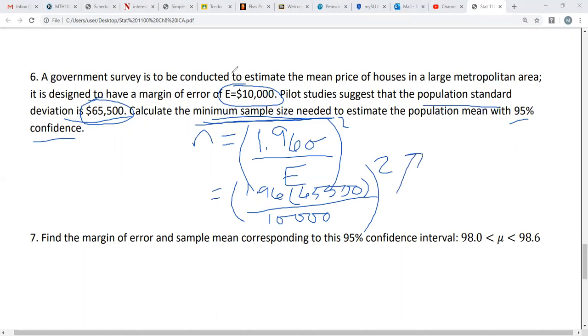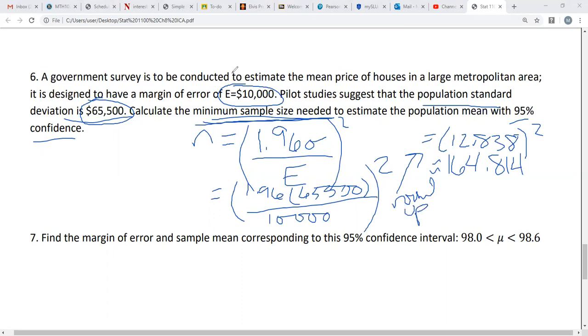So I had about 12.838 squared, which gave us about 164.814. Again, keep in mind that we always do want to round up here.